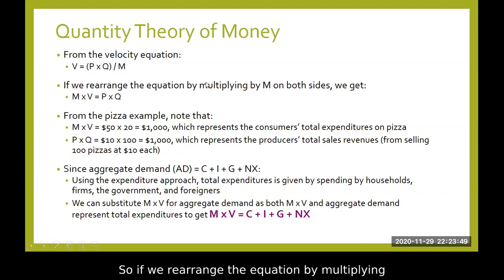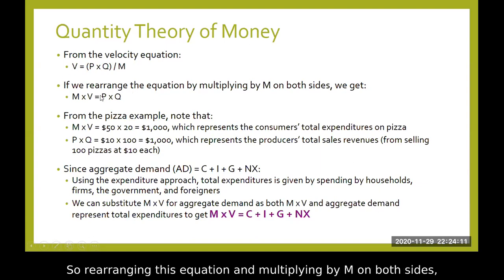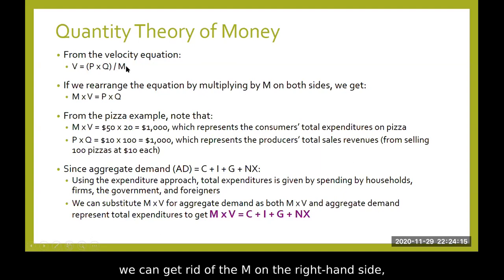If we rearrange the equation by multiplying by M on both sides, we get rid of the denominator, and then we end up with V times M, or M times V. So M times V is equal to P times Q.